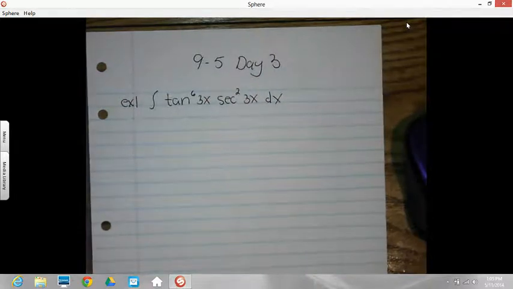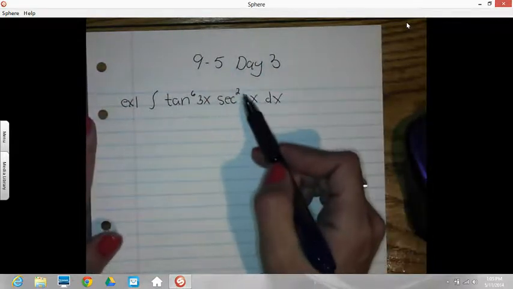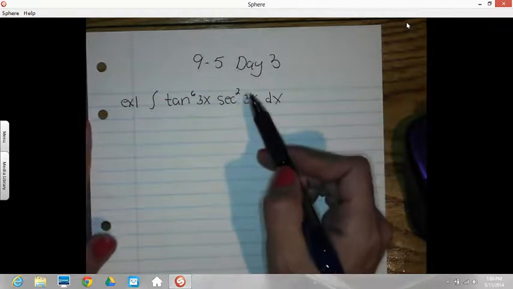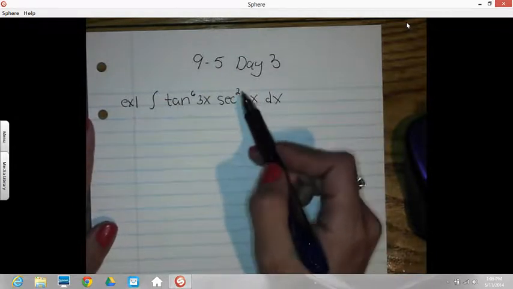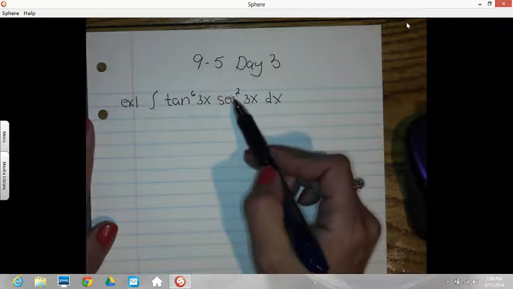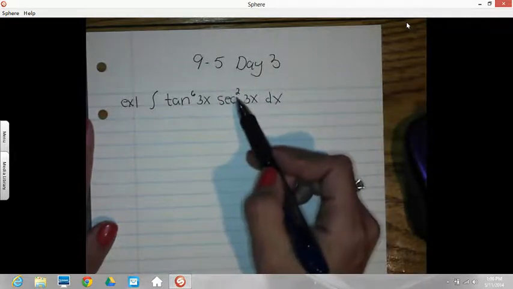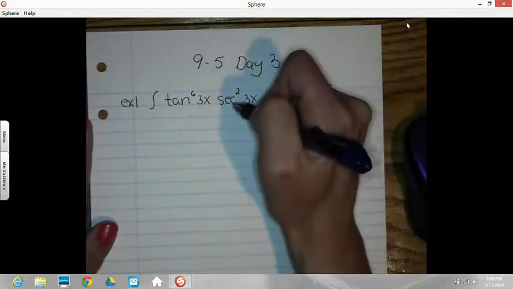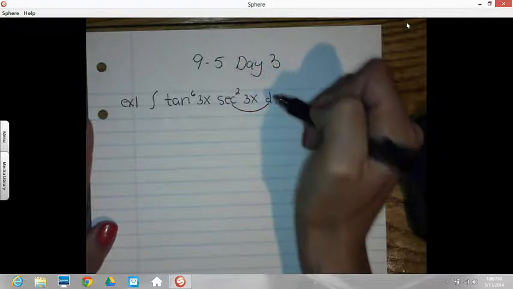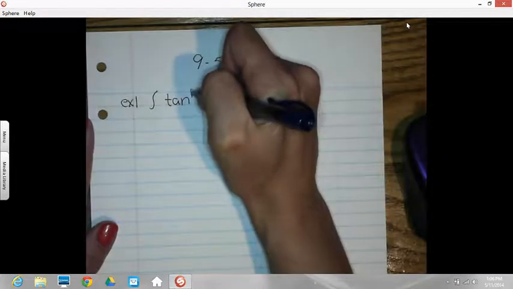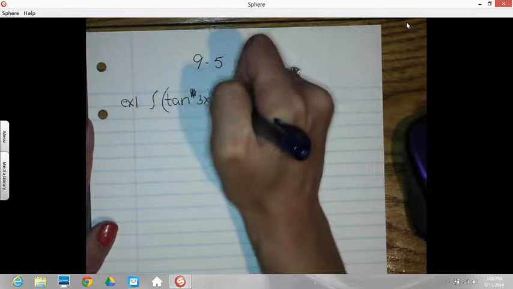And if you look, it's an even power of secant, so I'm going to start there and see where it takes me. The process was take a secant squared, which is all I have, slide it next to the dx. If there were any secants left, I'd write them as powers of 2, but there's not. To see the power rule, I like to see the inside and outside.